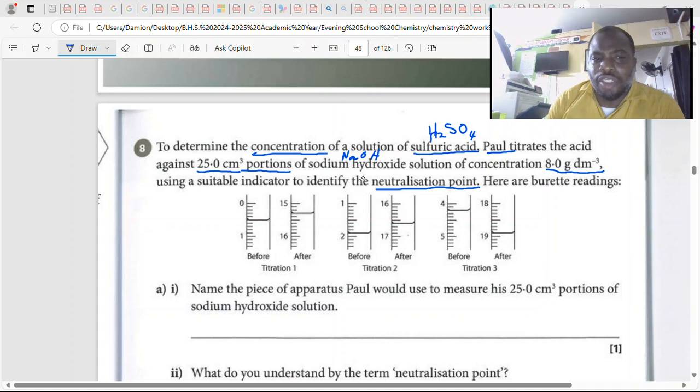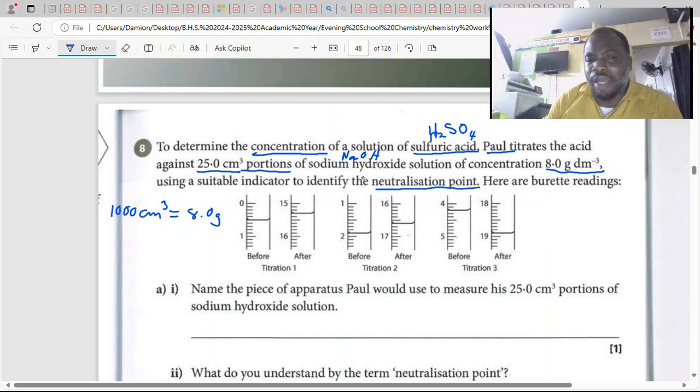So let me just deduce what this is saying. In 1000 centimeter cube, that will contain basically 8.0 grams of the sodium hydroxide.